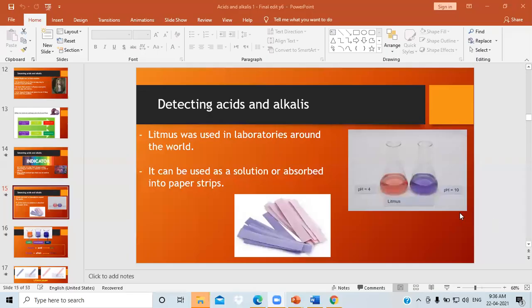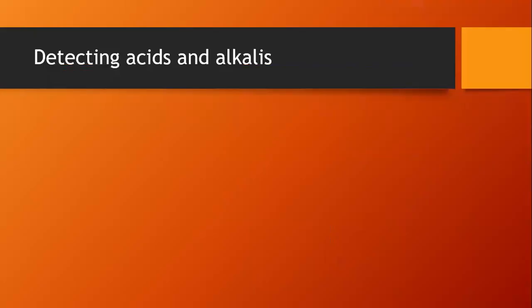All right, guys. So we're going to continue where we stopped. We were talking about how we can find out the difference between acids and alkalis. And we said that scientists, starting with a scientist called Robert Boyle, thought about using fruit and vegetable juices to detect the difference between acids and alkalis.